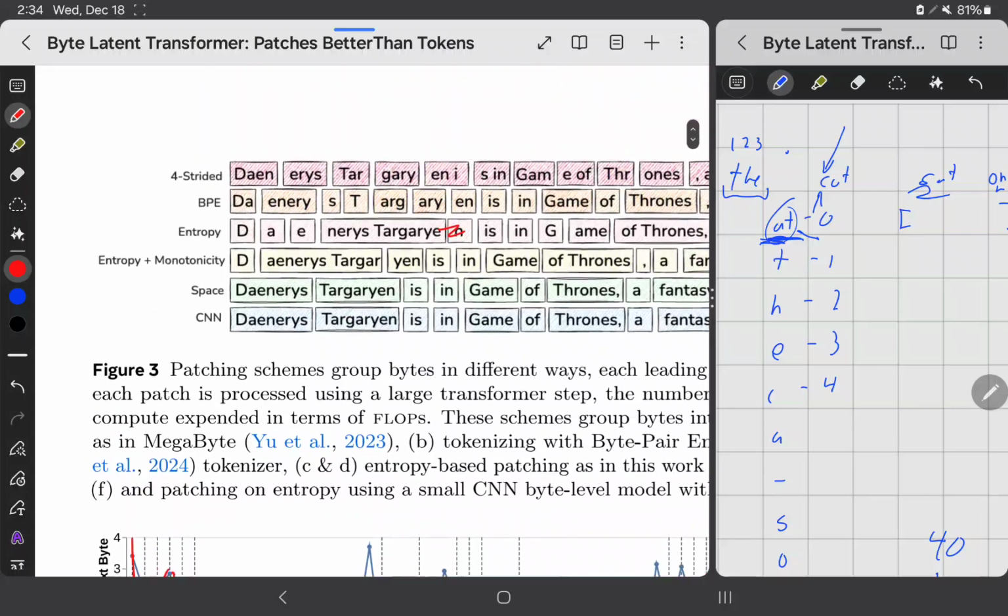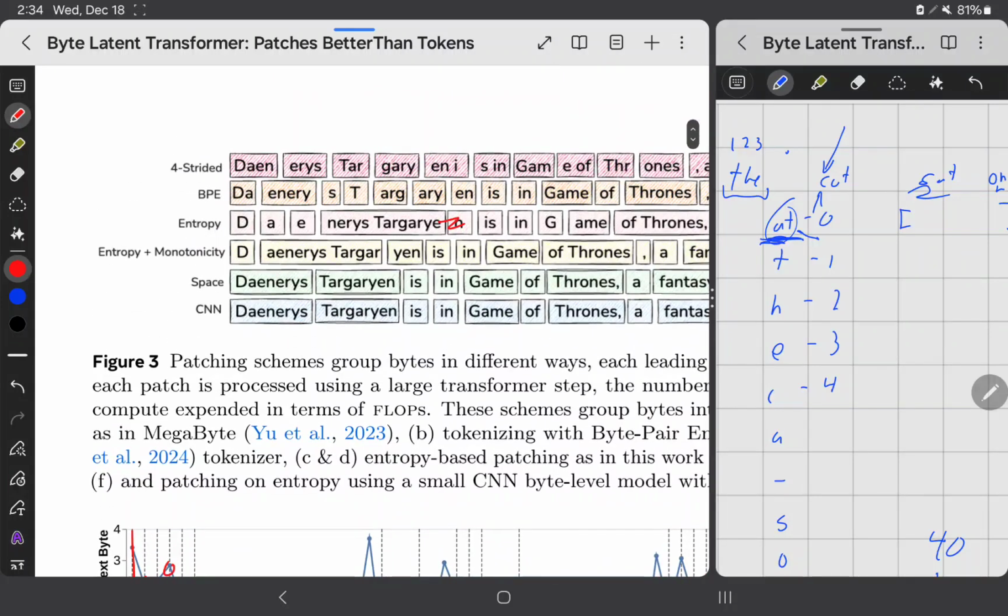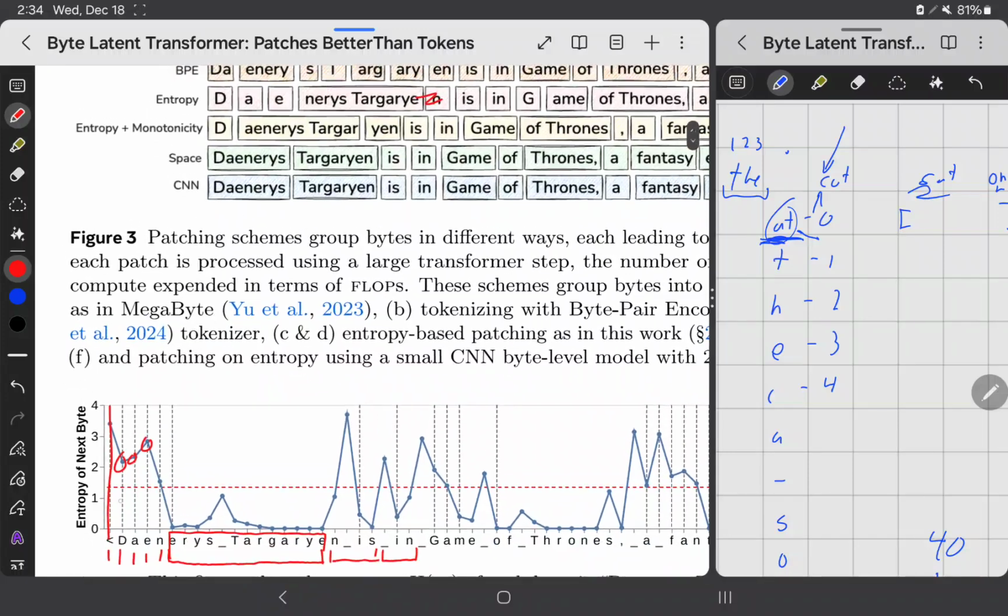One is that every time they see high entropy, they create a new patch. So if we look down here, D was high entropy, so D is its own patch, A, E. And it doesn't start until we get to the letter N, where an actual patch starts to form.